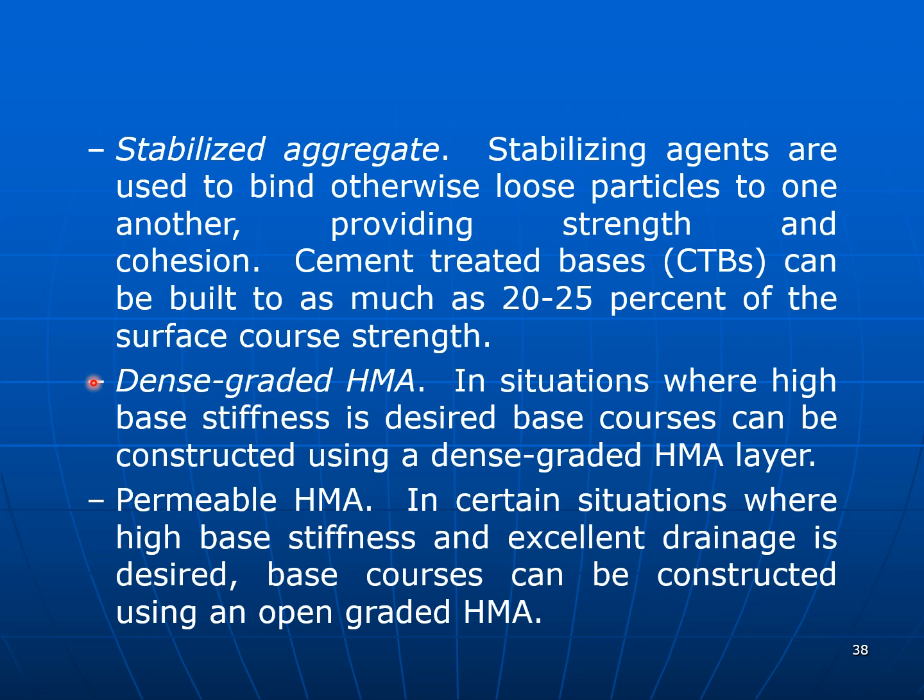In situations where high base stiffness is desired, base courses can be constructed using a dense graded hot mix asphalt layer. Other option, permeable HMA. In certain situations where high base stiffness and excellent drainage is desired, so here look at that, excellent drainage is also required, in that particular case, the base courses can be constructed using an open graded HMA.